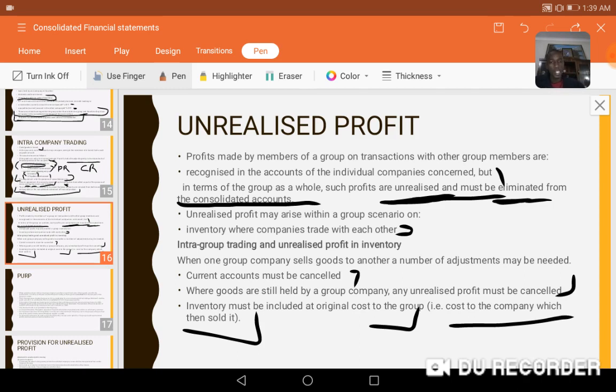Or the initial cost which the selling company obtained those goods at.